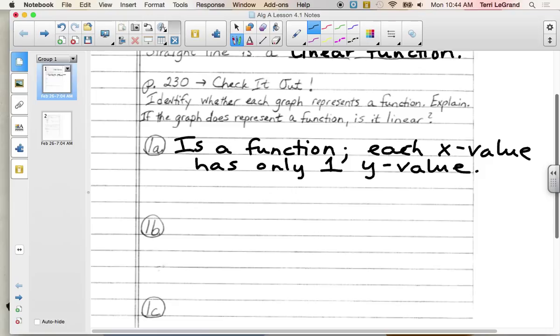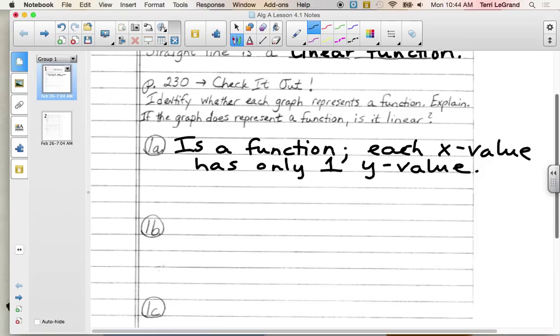Do you remember how we can tell from a graph that each x value has only one y value? If there's a point one above the other, right? If we have two or more points lined up vertically, now that x value has more than one y value, doesn't it?